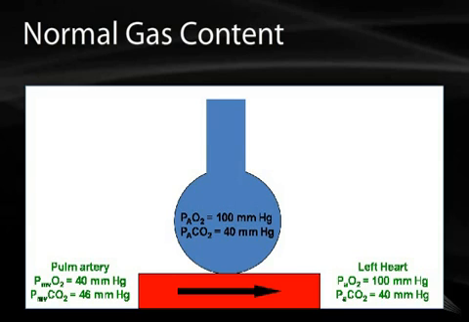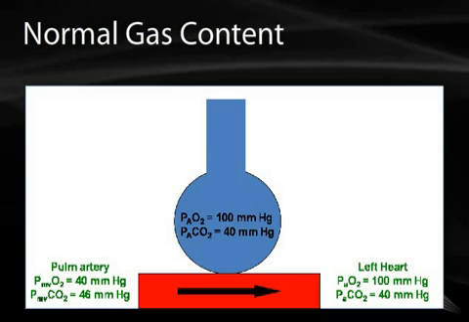So if we look at a normal alveolar capillary unit, first let's look at the alveoli. The PAO2 in the alveoli, which we could calculate from the alveolar gas equation, is 100. The alveolar CO2, which we know is the same as the arterial CO2, is 40. We look at the blood, starting in the pulmonary artery, where we have mixed venous blood with a PO2 of 40 and a PCO2 of 46.